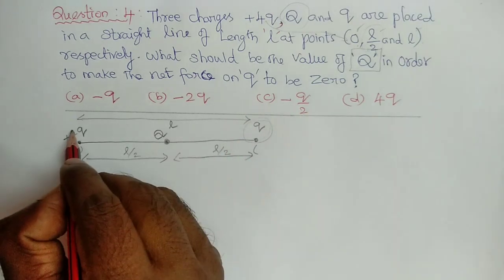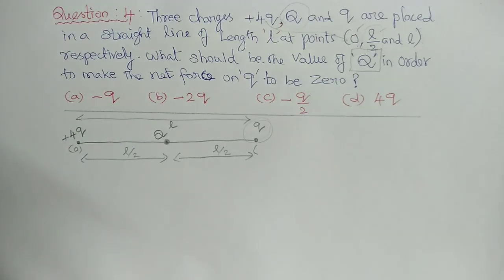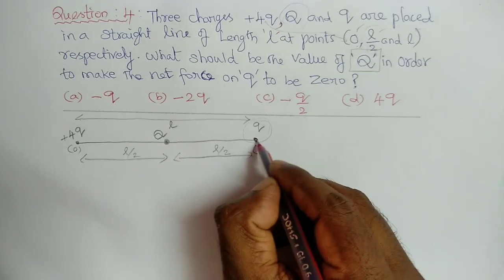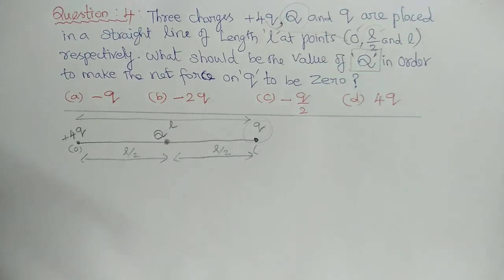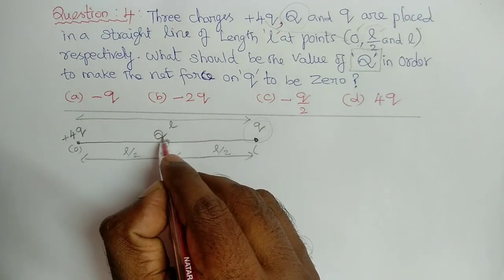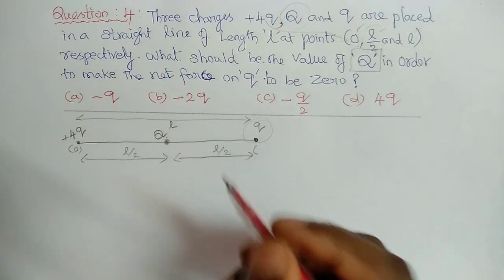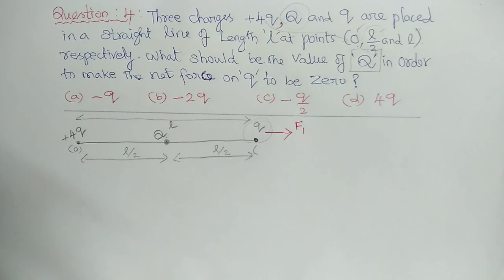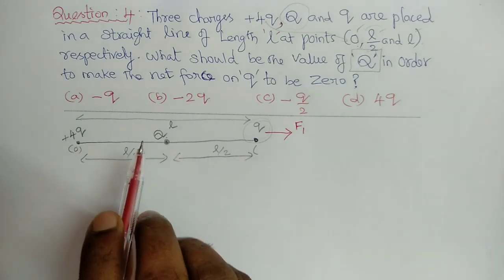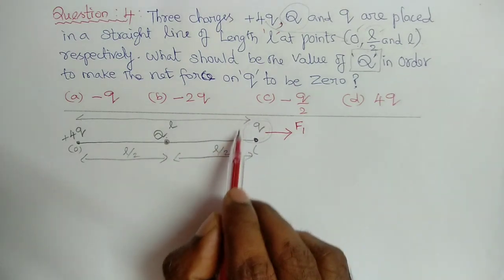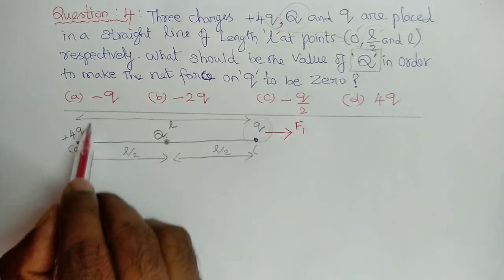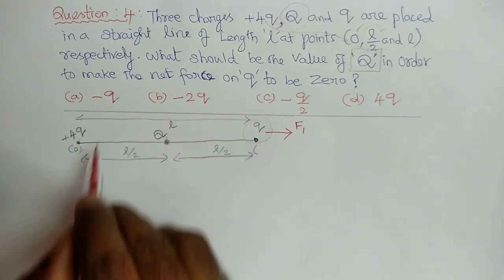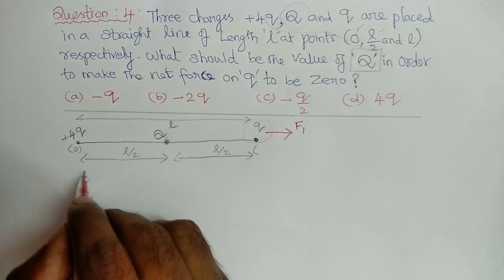Here the magnitude is 4, we can understand. Now we'll write the force experienced by this small q due to the capital Q, along this direction. Suppose we consider this as F1. Then the force experienced by small q due to this 4Q is also along the same direction.